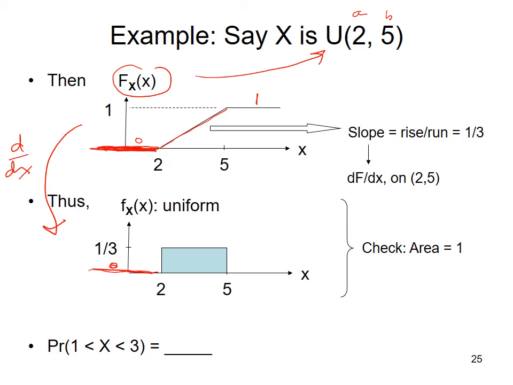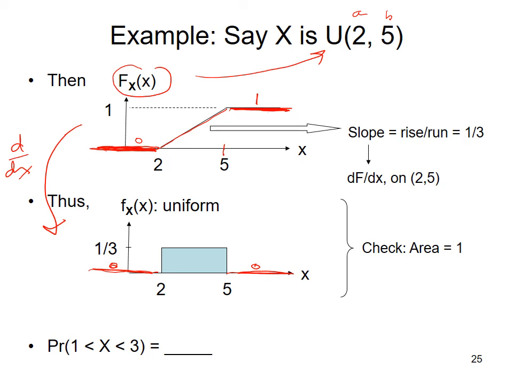Now, over here to the right of the number 5, the value of capital F is constant again. So capital F is constant to the right of 5. Therefore, the derivative is 0 to the right of 5. So again, I'm back here at value 0 in little f, because the derivative of any constant is 0.